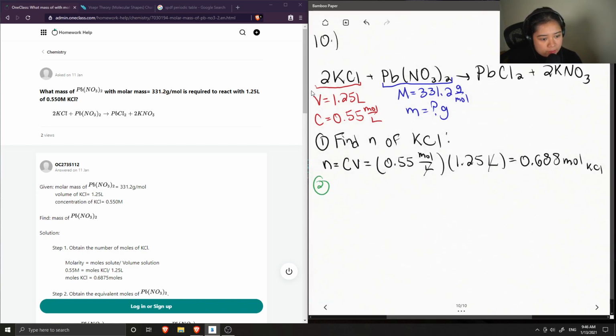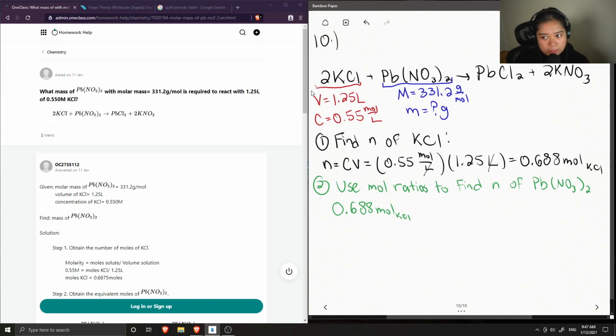So now step 2 is to use the mole ratios to find the number of moles of the lead nitrate. So if we know that the number of moles of the potassium chloride is 0.688 moles, then we can multiply this by the ratio in which it reacts with the lead nitrate.